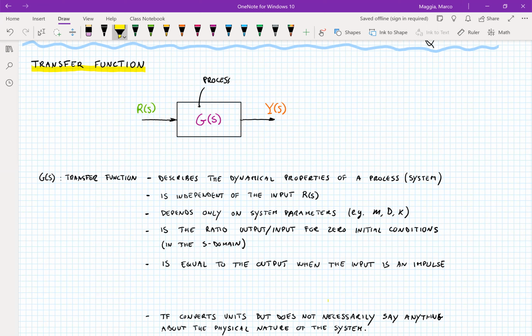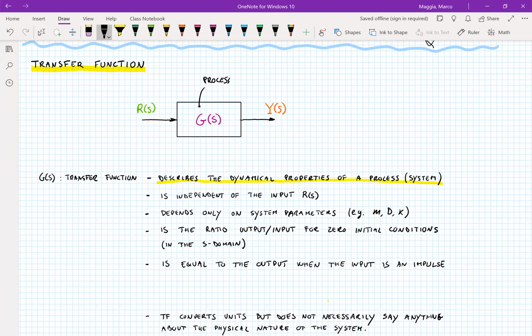Let's just explore a few. As I said, first of all, the transfer function describes the dynamical property of a process or of a system. If we take a more complex system, we can reduce it to just input, black box, and output. And the function describing the characteristics of the black box is still a transfer function.